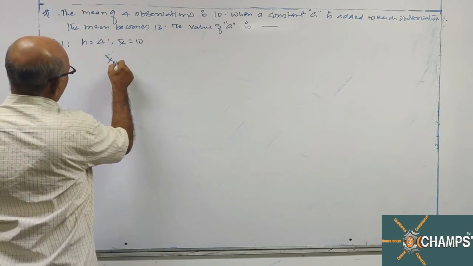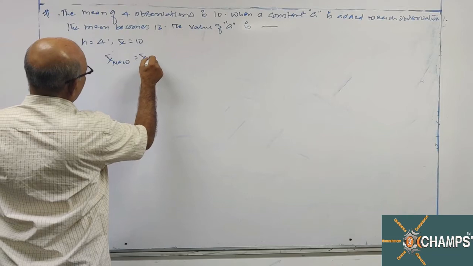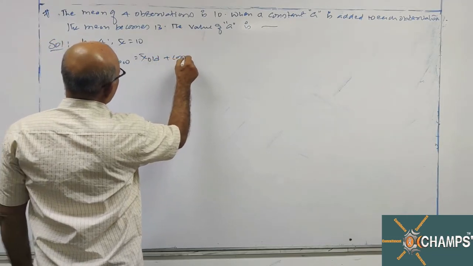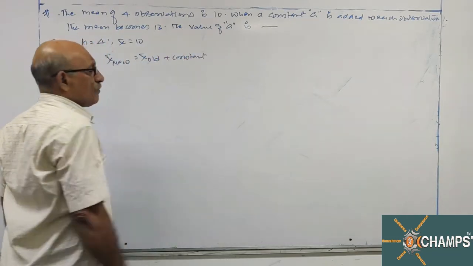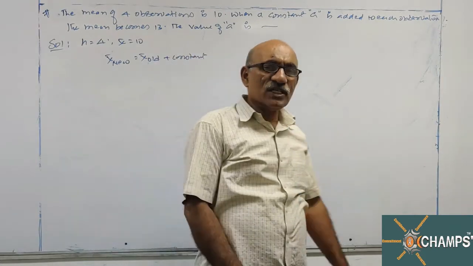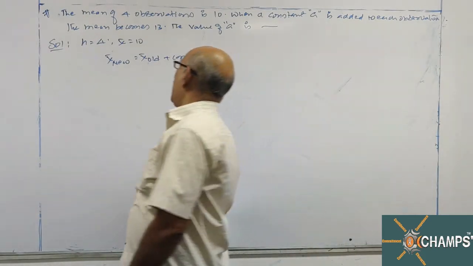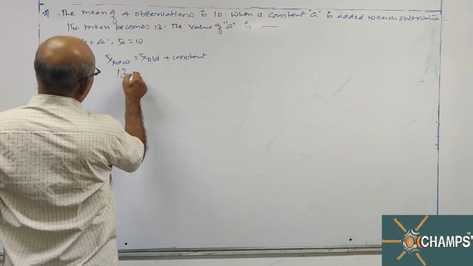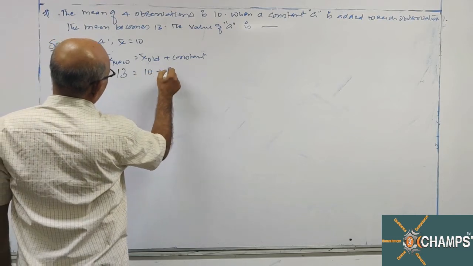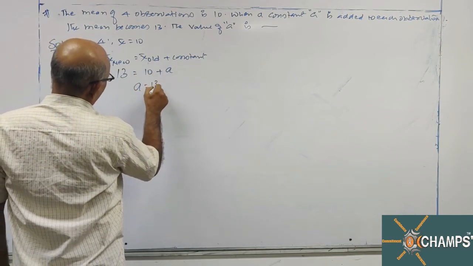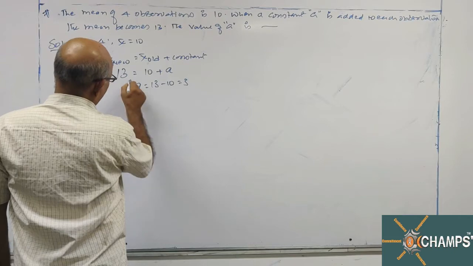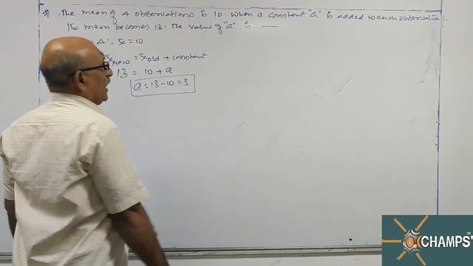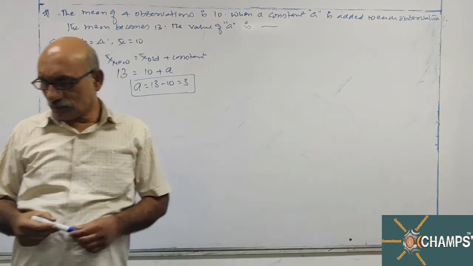X bar new is equal to x bar old plus constant. That is the concept. X bar new is equal to 13. X bar old is 10. A is equal to 13 minus 10, 3. A is equal to 3.